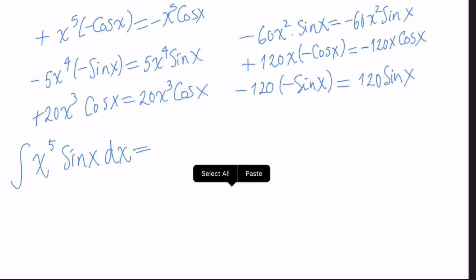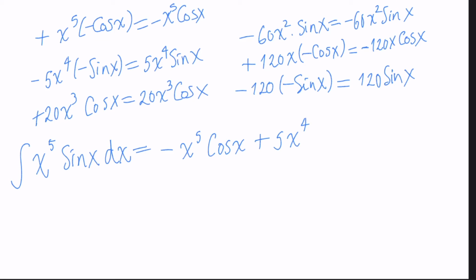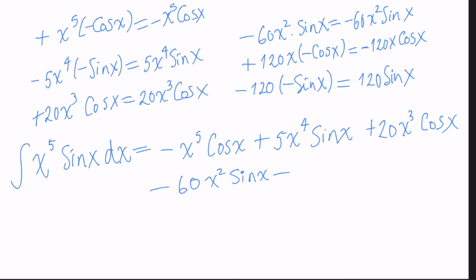And this answer is equal to, put term by term, minus x to the 5 cosine of x plus 5x to the 4 sine of x plus 20x to the cube cosine of x minus 60x to the square sine of x minus 120x cosine of x plus 120 sine of x plus c, because this is an indefinite integral.